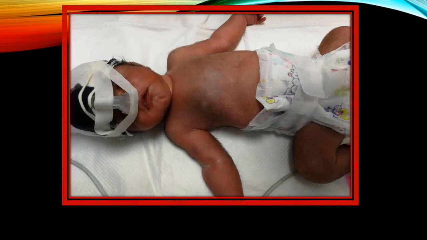What we can see in this picture, again we have to describe. This is a neonate, and if you see here, this is the CPAP, a continuous positive airway pressure supplied for respiratory support for neonates with respiratory distress, whatever the cause, fixed on the base of the nose, then connected to a CPAP device. So if the patient in this picture had a CPAP, this means the patient is in respiratory distress.